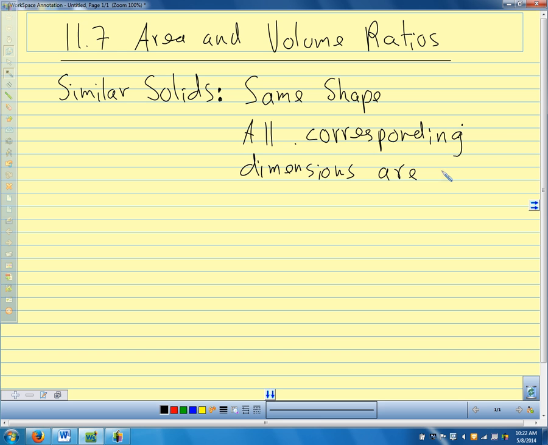What did we use to compare them? Our big tool. What's that? A scale factor? What was our big tool when we worked with similar figures? Not congruent, but proportional. There we go. All corresponding dimensions are proportional.